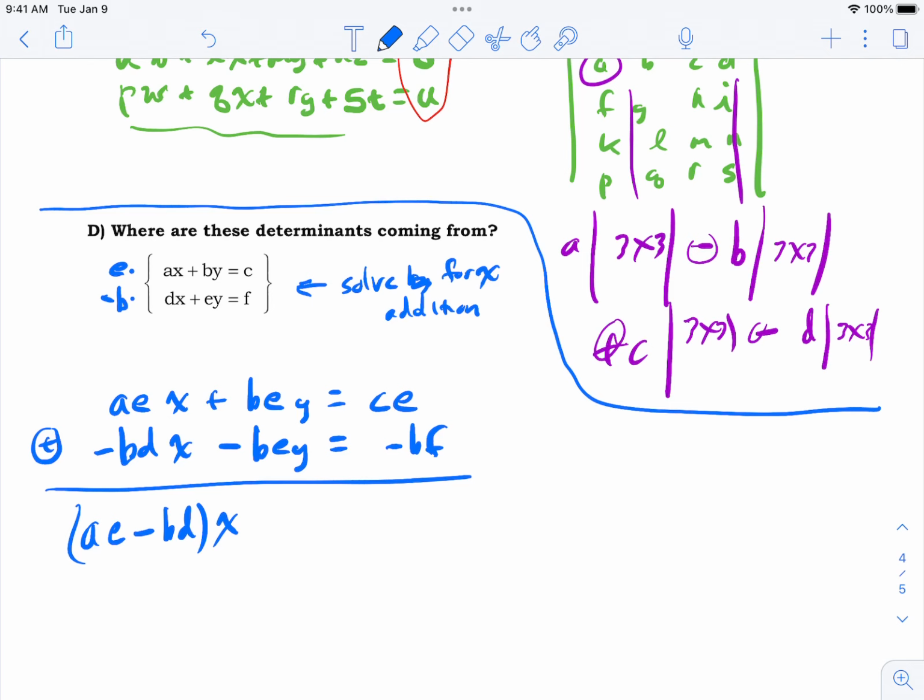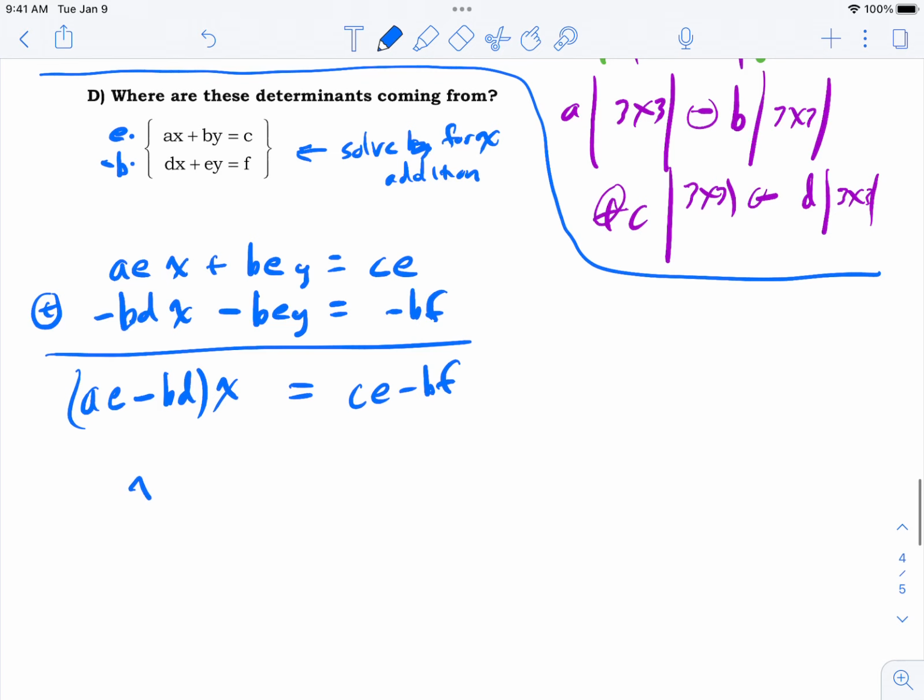You can just combine your coefficients. AE minus BD, X. The Y's go away. Yay. And over here we'll have, what do we got? CE minus BF. So the solution for X looks like this: CE minus BF over AE minus BD. We solved for X. Where are the determinants?